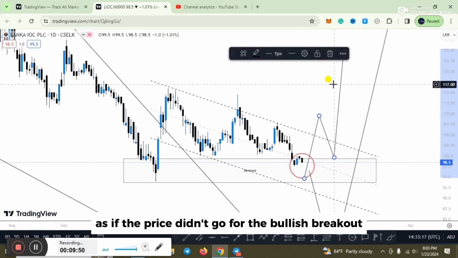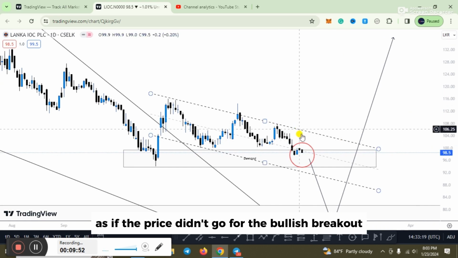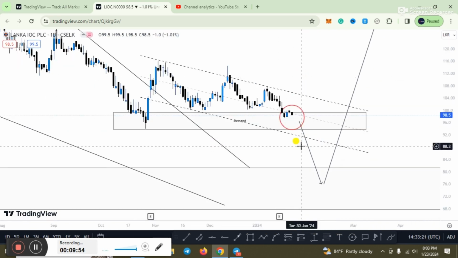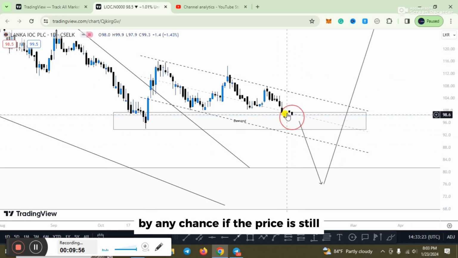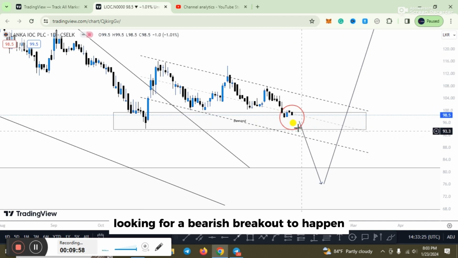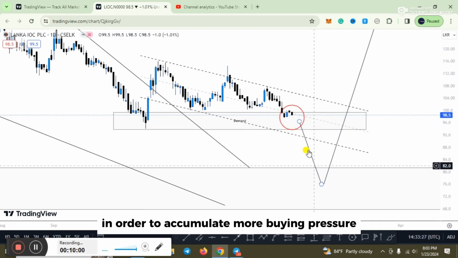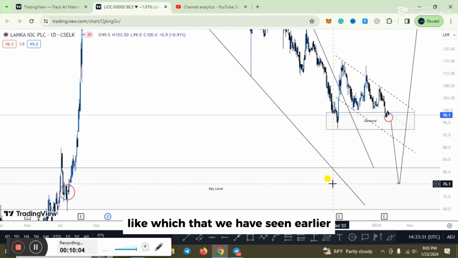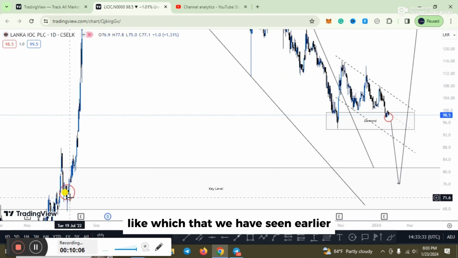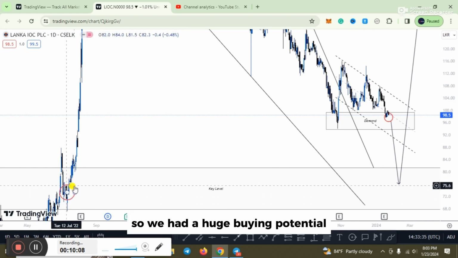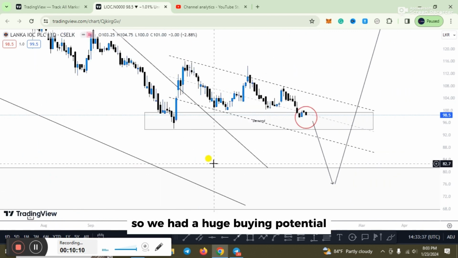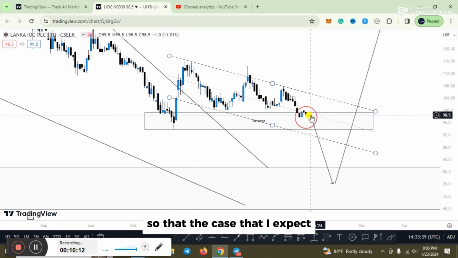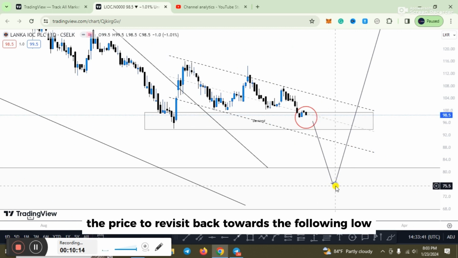As if the price doesn't go for the bullish breakout away from this trend line, the price may still look for a bearish breakout in order to accumulate more buying pressure, like what we have seen earlier around this level, where we had huge buying potential. So that's the case: I expect the price to revisit the following low.